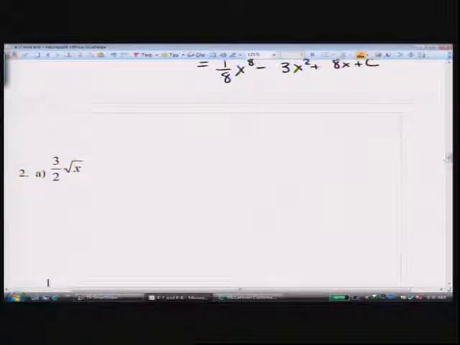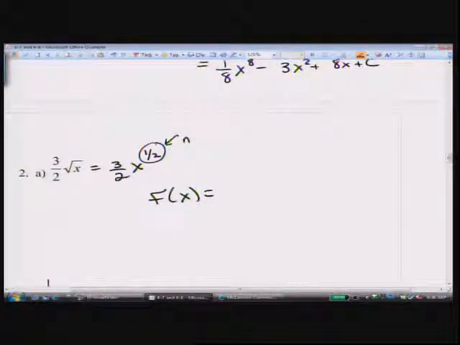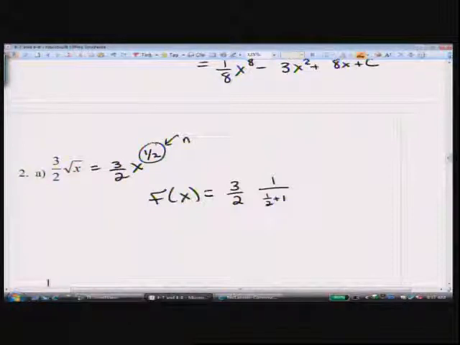All right. For this one, it's a good idea to write this as 3/2 x to the 1/2, and 1/2 is your n. Okay? So big F of x, which is called the antiderivative, the constant just tags along, so I'm just going to write 3/2. Then you do 1 over n plus 1, so this is 1/2 plus 1, x to the 1/2 plus 1.